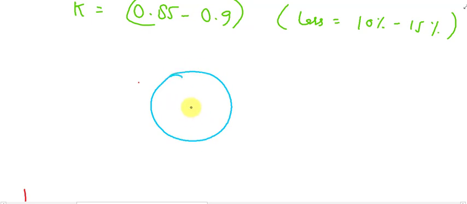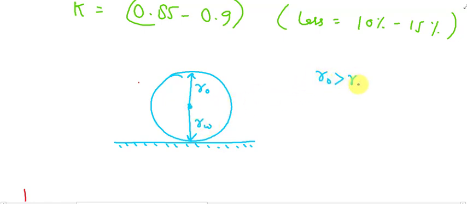this is a wheel. The radius of the wheel is R0, and this wheel is in contact with a surface, the road surface. But due to deformation of this wheel, the radius which is in contact with the road surface is Rw.